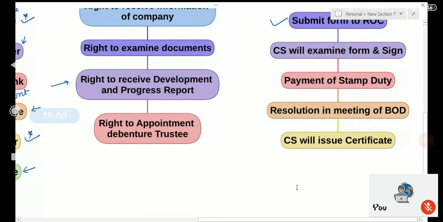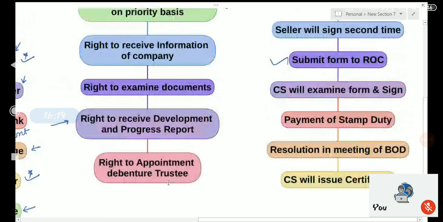Always the board of directors will approve, because if the company secretary has made a draft and examined it, then the board will definitely approve. So a resolution will be passed in the meeting that the transfer of this debenture is perfect and no issue is connected with it. And finally, the company secretary will issue the certificate. So this is the way that debentures get transferred.